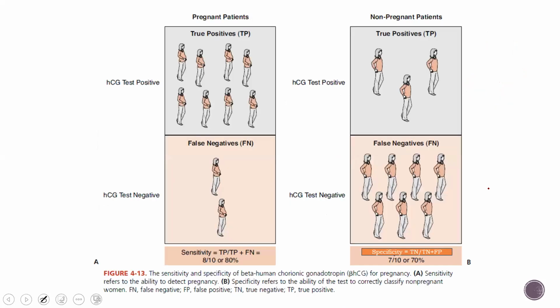Okay, let's take this for example. These are pregnant patients and these are non-pregnant patients. When we talk of sensitivity, it is the ability of a testing method to detect pregnancy. So in this example, there are 10 pregnant patients.